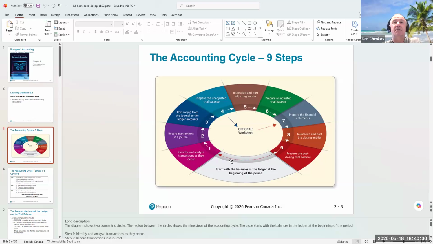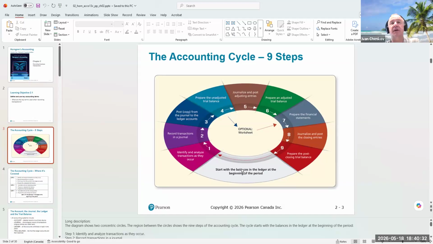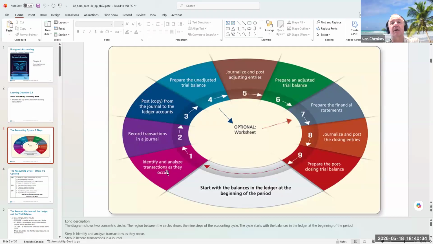Once the event or transaction happens, we have to identify and analyze: did this transaction actually happen? Does that transaction affect the company? Is that transaction related to the company? And can we measure it? If we can do that, then we need to record these transactions in the journal.